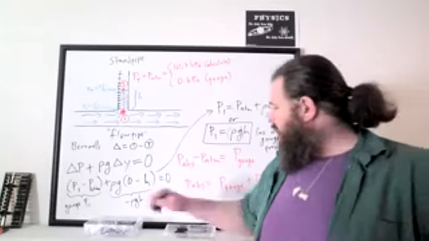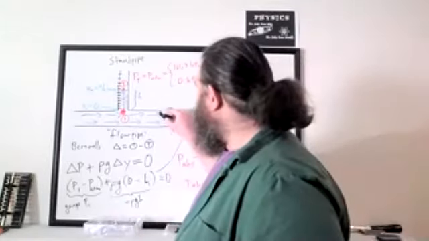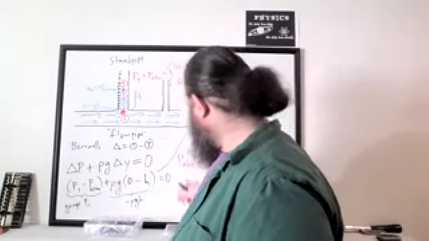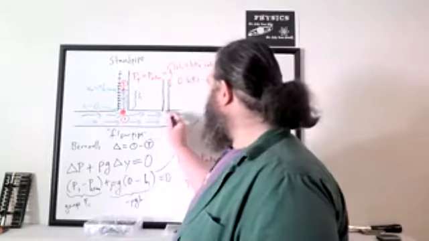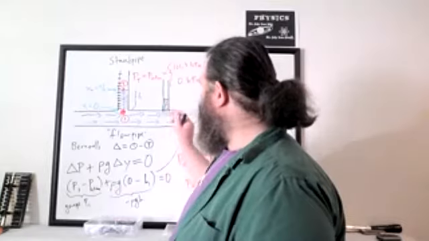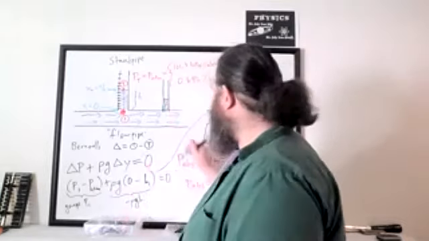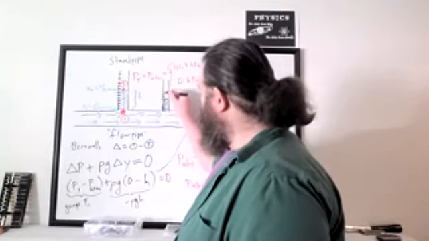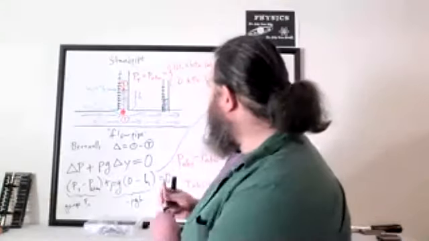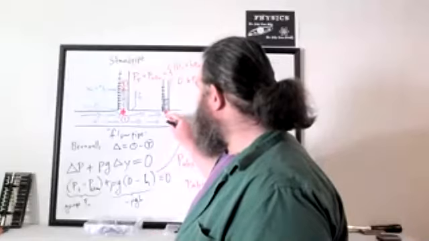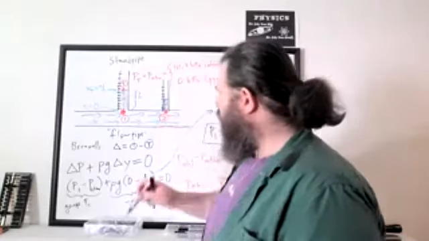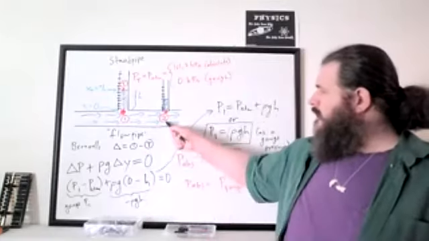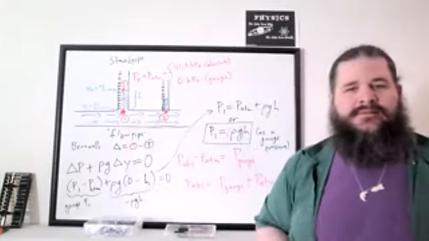And typically what this would be used for, let's say you want to compare 2 locations. Maybe you put in a second standpipe and you find that the water rises up to a lower level. What does that tell you about the pressure at the bottom here? We call that point 2. What do we know about point 2 as compared to point 1?